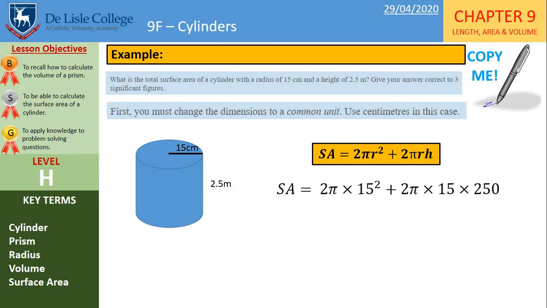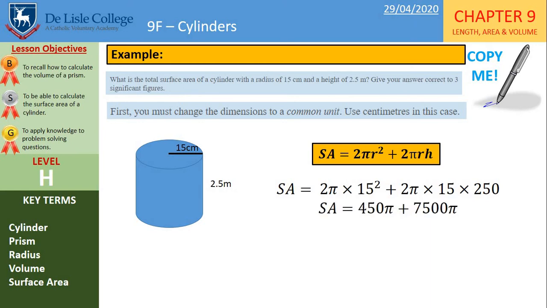First thing we're going to do is write down our substitution. So the surface area equals 2 pi times 15 squared plus 2 pi times 15 times 250. And that's come from 250 centimetres, which was that 2.5 metres. Now, if we were to be asked to do it as a non-calculator question or answer in terms of pi, we could write out these next steps.